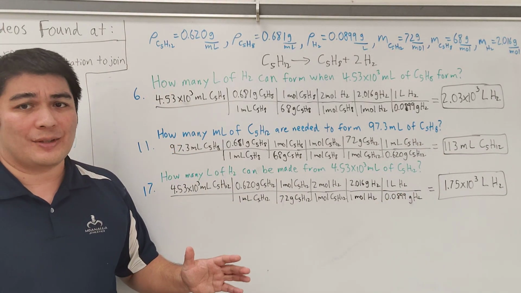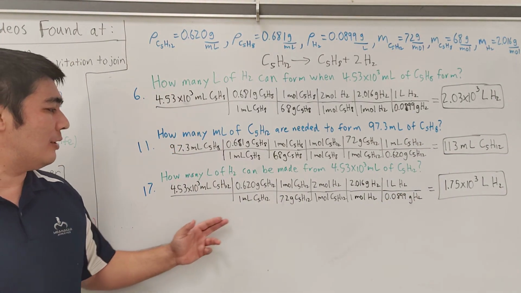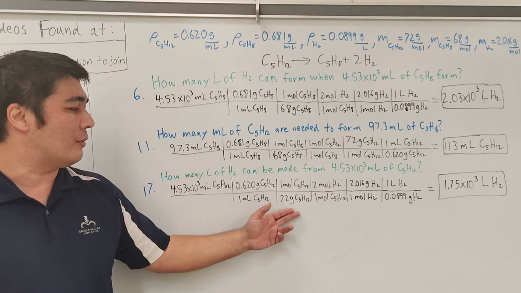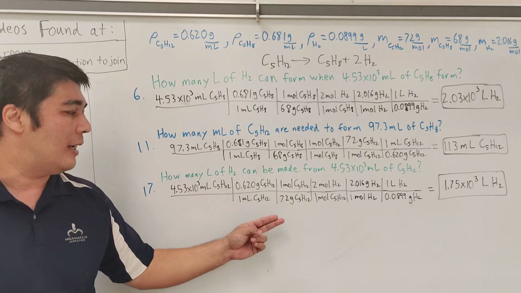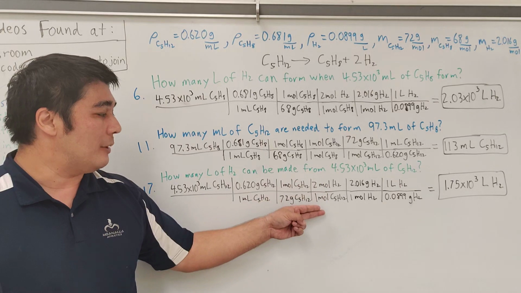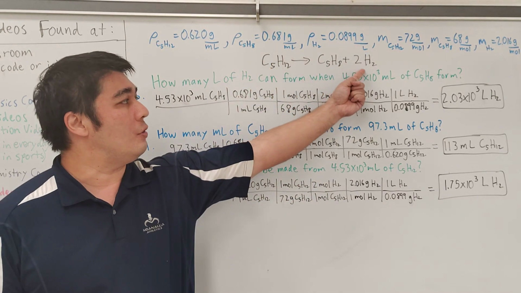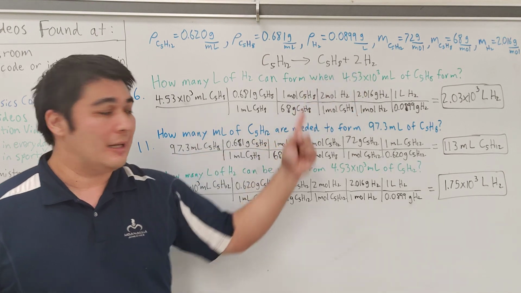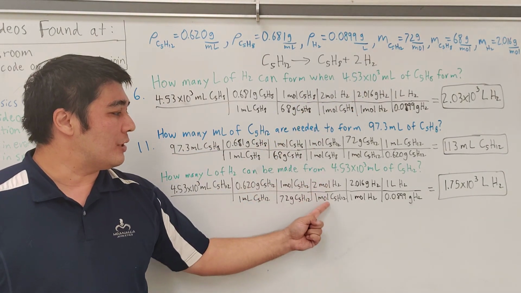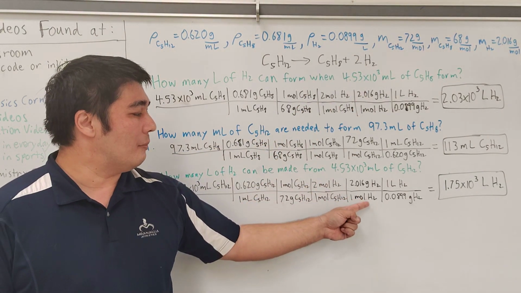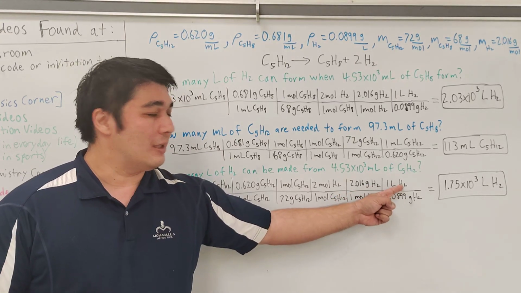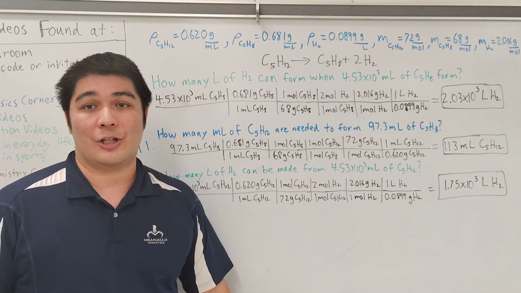So it's basically all the same thing. We start with milliliters, convert to grams, convert grams into moles of C5H12, and use our mole ratio, because it's the same thing here: 1 mole of C5H12 will form 2 moles of hydrogen gas. Then we convert moles back to grams, and from grams, finally, to liters of hydrogen gas.